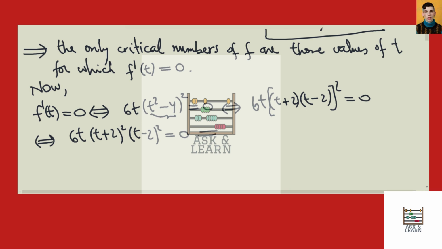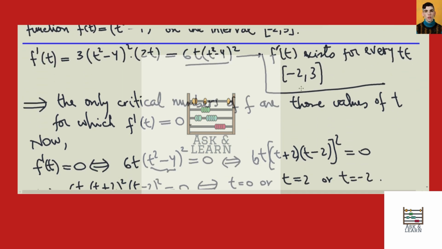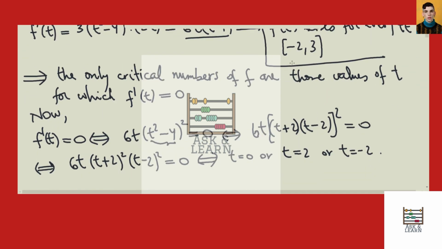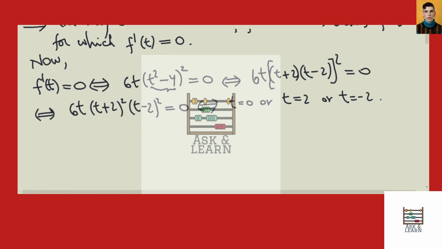Now this is completely factored, so we can say that t can be 0, or t equal 2, or t equal -2. So these are the three critical numbers of f, and they all lie in the interval [-2, 3]. In fact, -2 is the endpoint of the interval, the left endpoint.